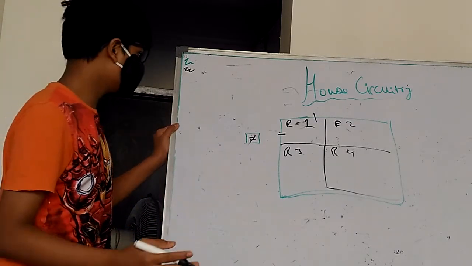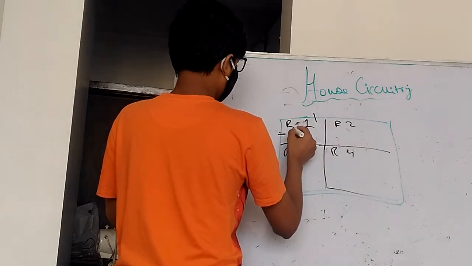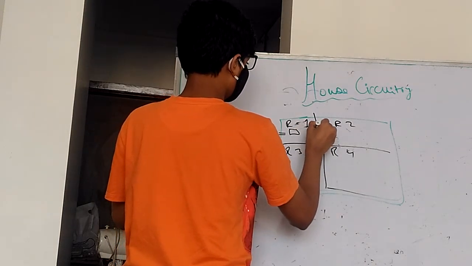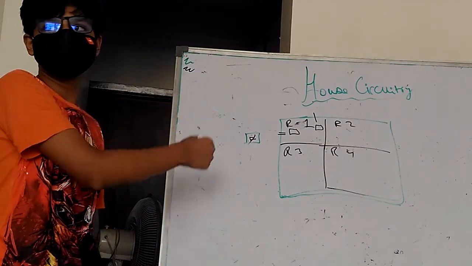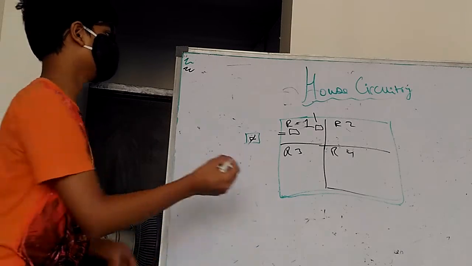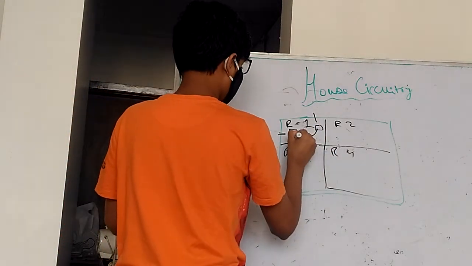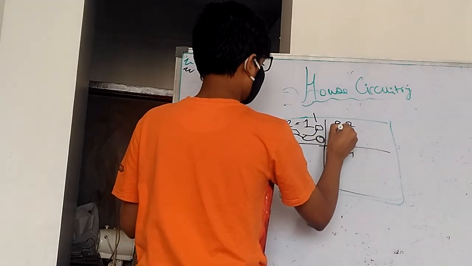So what happens in that? Now there are switches over here and over here, so that you don't have to go again and again to the main switch to turn it on and off. These switches are connected to the one room switch.